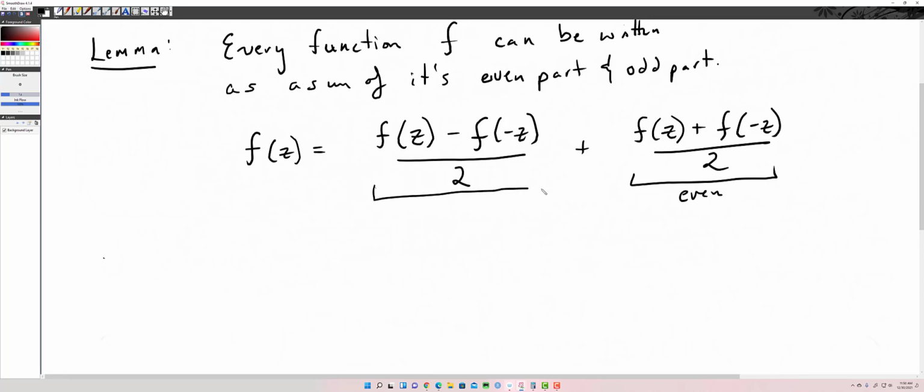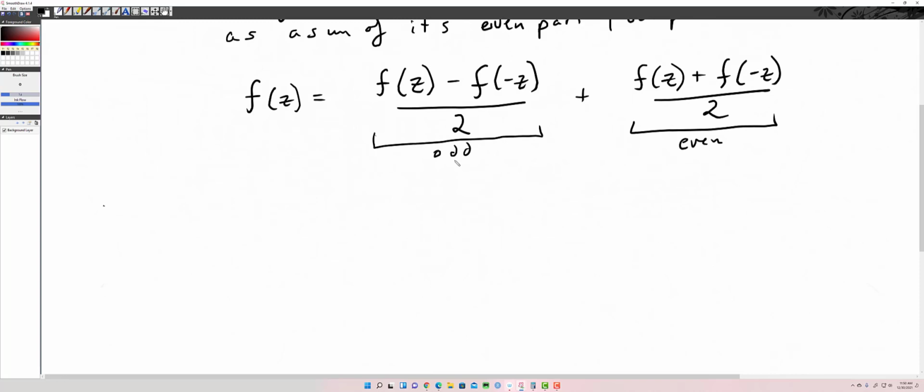The odd part is right here. Because f of z is minus f of z, is the opposite of minus f of z. So this right here is going to give me 2f of z, which is going to give me 2f of z over 2, which is f of z. So I have f odd plus f even.